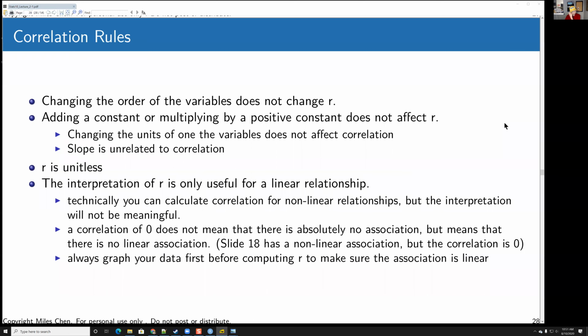If I change the units on something, that's going to change my slope.